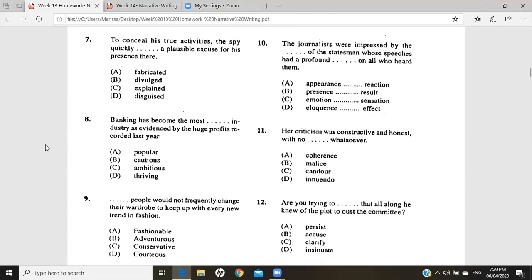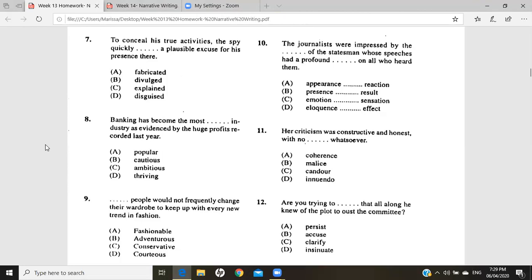Number 10. The journalists were impressed by the something of the statesman whose speeches had a profound something on all who heard them. D. Yes, D, eloquence. And if someone has eloquence, it means that when they're speaking, they're very fluent.